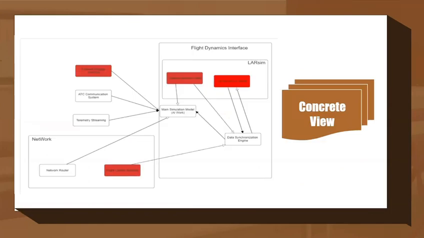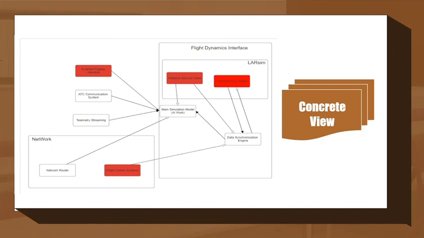Then, in the context of the source code analysis and the flight dynamics interface, we developed it. So the FDI ensures that the simulated aircraft behaves according to real-world aerodynamic principles through the LaRCsim simulator, also responding accurately to control inputs and environment changes.